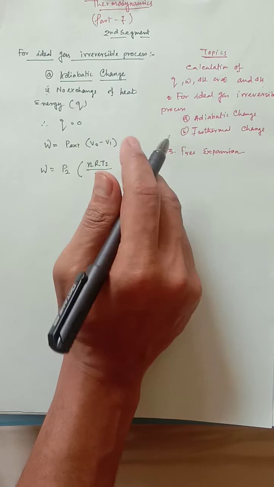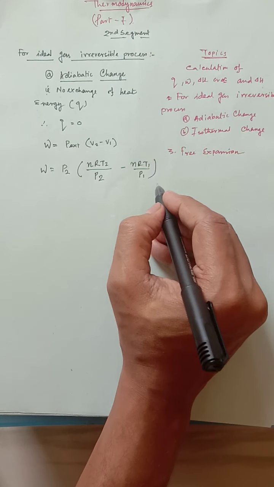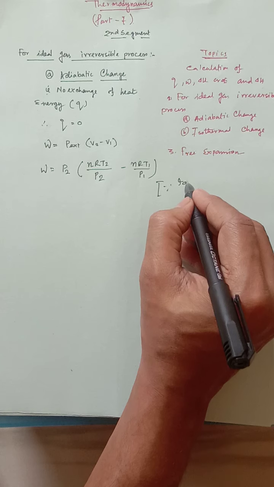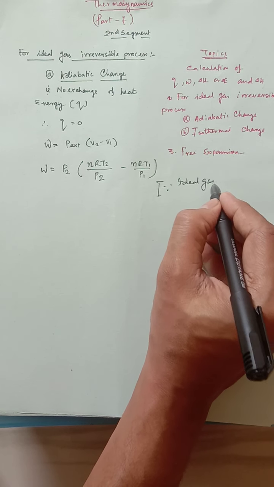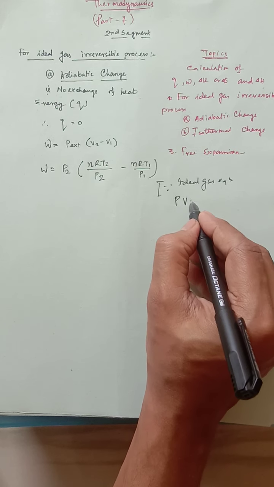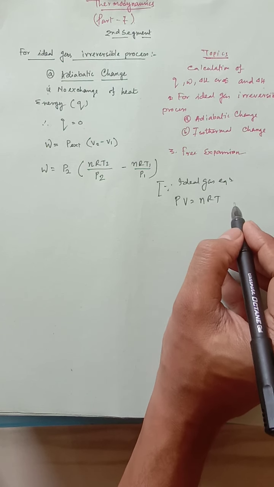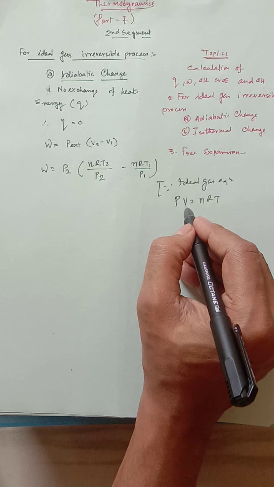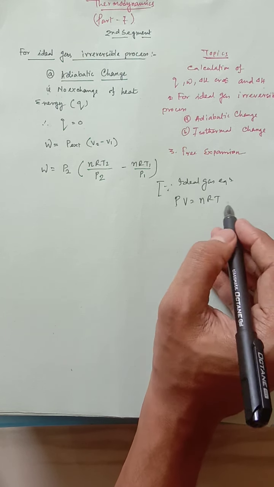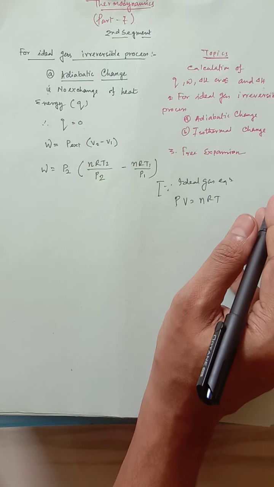Now from where have I written this? It's very simple. From the ideal gas equation, just remember, PV equals nRT. P for pressure, V for volume, n for number of moles, R for the gas constant, which we all know, and T for temperature.